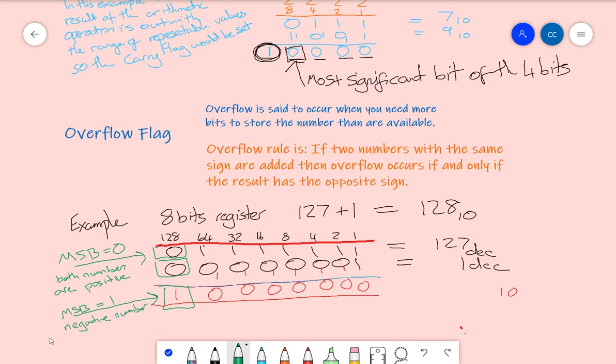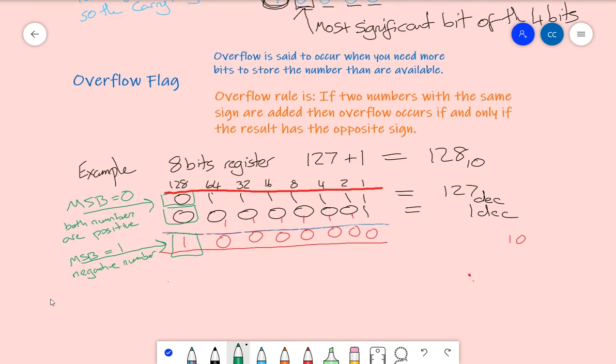And in this case, the overflow flag would be set to 1 because an overflow error has occurred.